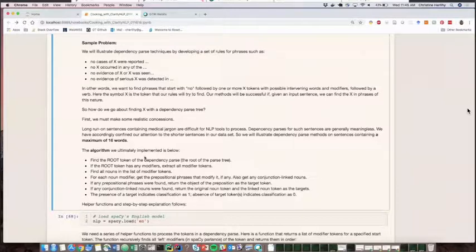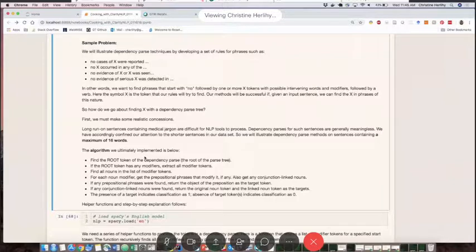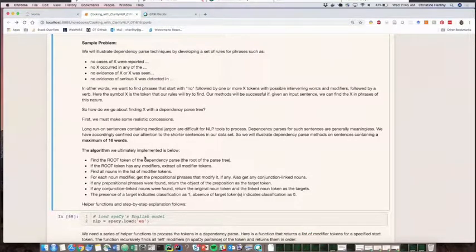Then for each noun, get any prepositional phrases that modify it, or find any conjunctions and associated nouns that it is linked to. Remember, you can find all this by traversing around in the dependency parse tree and using the link label to figure out what the relationships are.